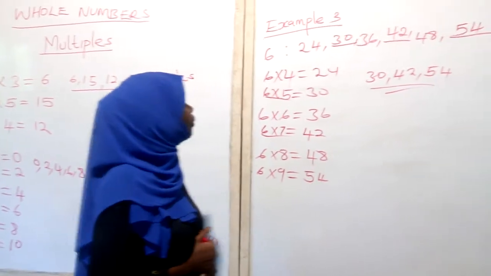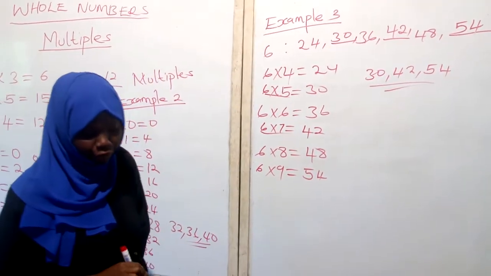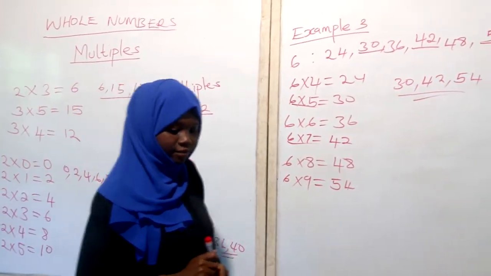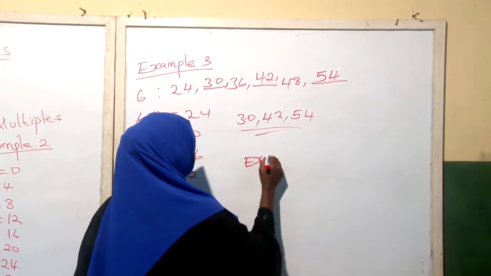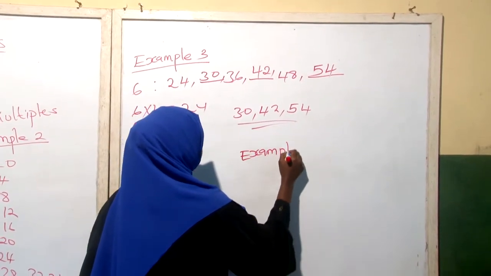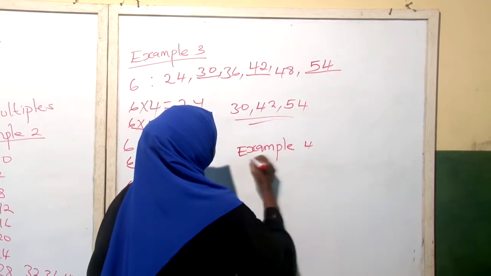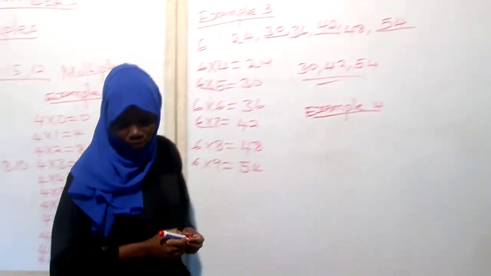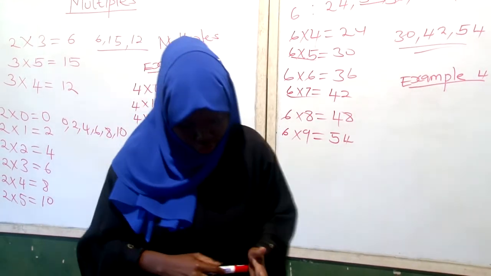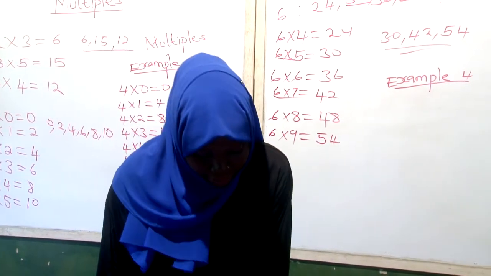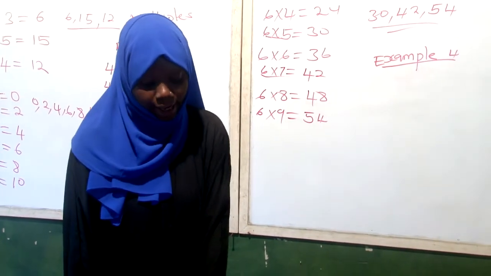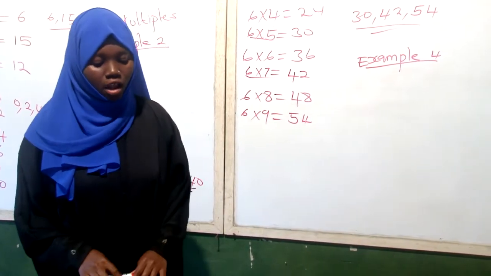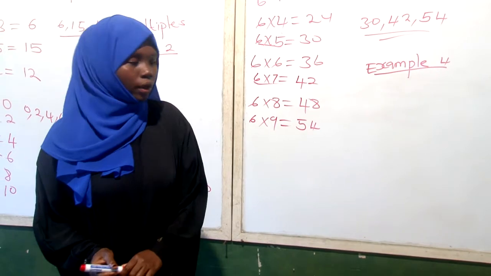And then we are going to take it to our fourth and final example, and we are told to write the first 4 multiples of 2 and 6. Write the first 4 multiples of 2 and 6.